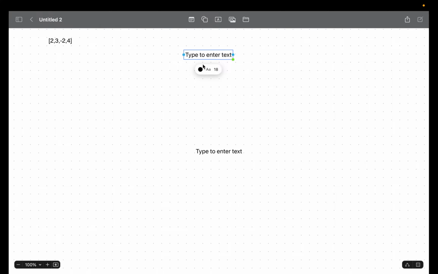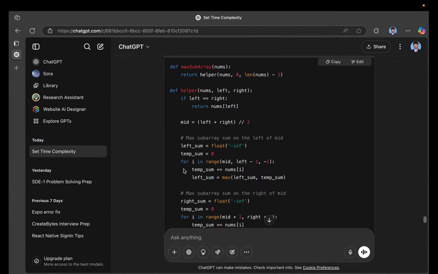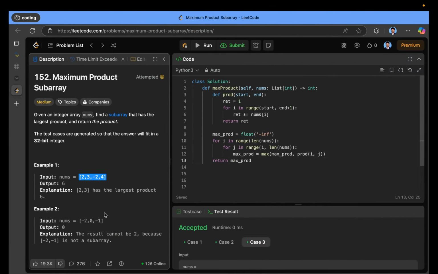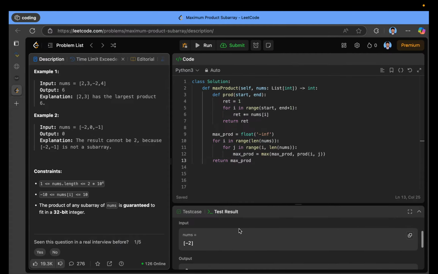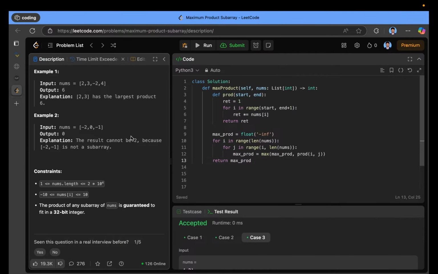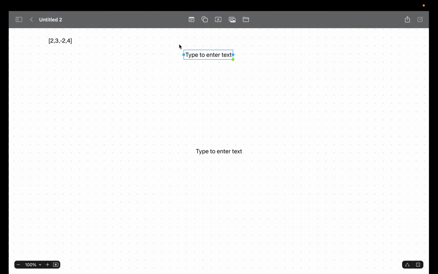2, 3, minus 2, 4. What can I do? I have to find a bigger array. Minus 2, 0, minus 1. Nah. More big, big, big. Okay, let's make our own array.